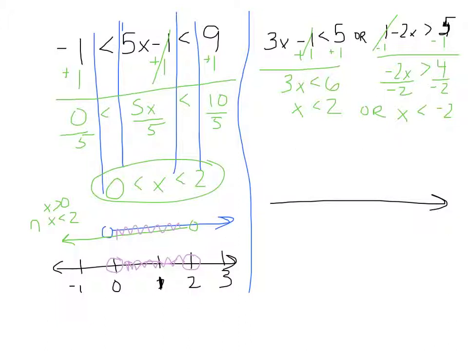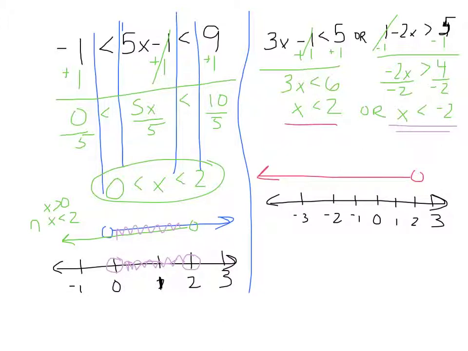So when I go to graph this, I would get the x is less than 2, given here, and the x is less than -2 would be here.